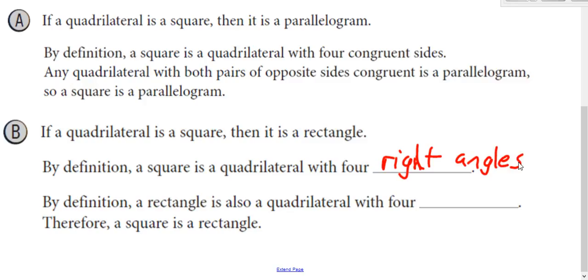By definition, a rectangle is also a quadrilateral with four right angles. So if they both have the same definition, yeah, they're both the same. So yes, a square is a rectangle. It's a special rectangle.